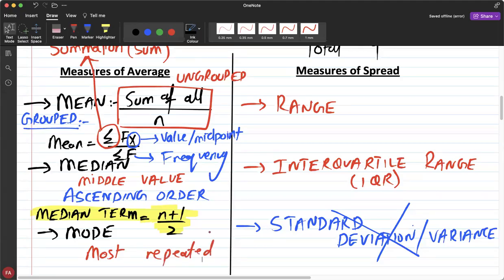I should also remind you that in this new curriculum, I'm sure all of you who are watching this video will be sitting in the examination starting from 2025 onwards. You need to realize that in your syllabus for O levels and IGCSE, they expect you to make an analysis as well. That means, yes, you will be calculating mean, median and mode, but above all, you'll also be writing down a conclusion as to which one is the best measure of average that we should be using in this question.